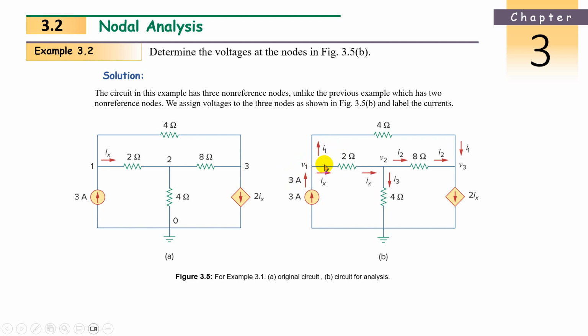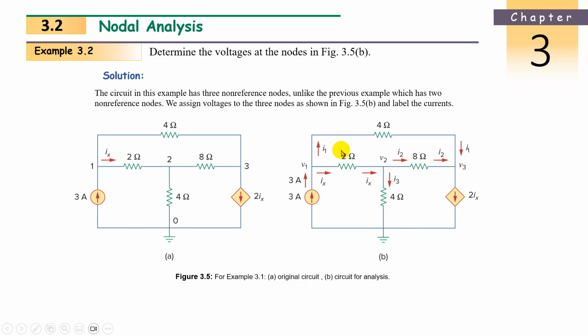So 3 amperes equals I1 plus Ix. Okay, this is the first equation. Now what is I1 in Ohm's law? V1 minus V3 divided by 4. What is Ix as per Ohm's law? V1 minus V2 divided by 2. Just rearrange in terms of V1, V2, V3, you will get the first equation.